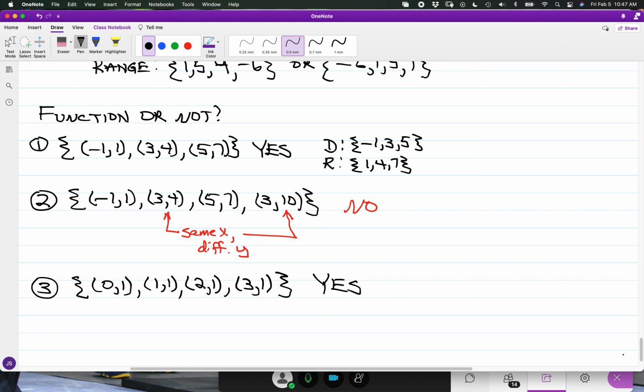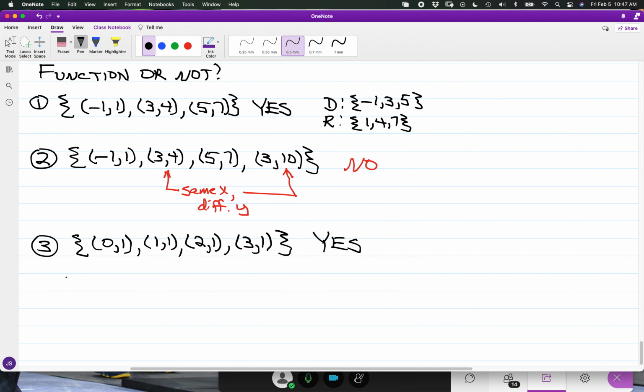Now if I switch the order of the coordinates, so we have 1, 0, 1, 1, 1, 2, and 1, 3.